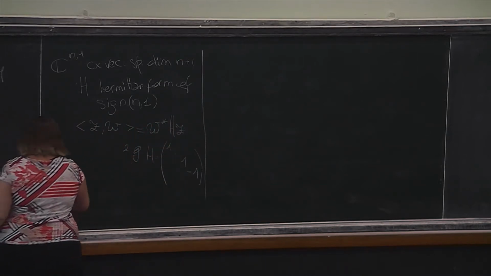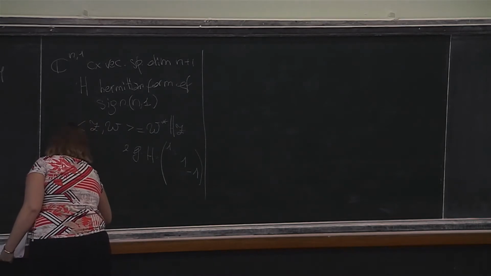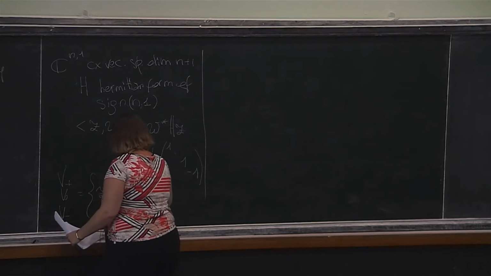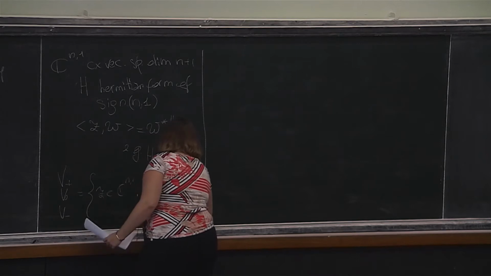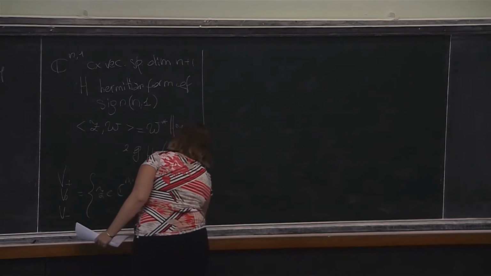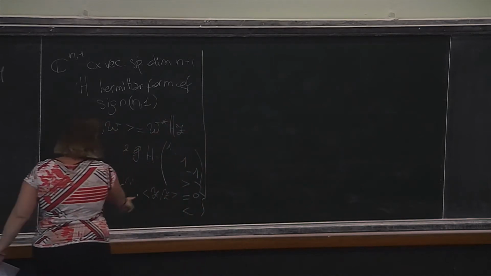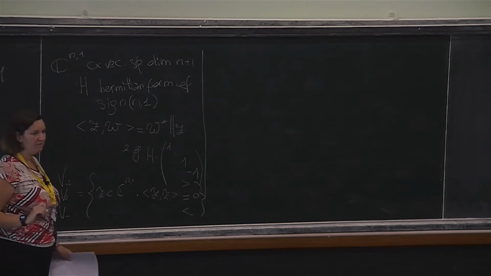And then we divide the space into what we call V plus, V0, and V minus, that are the Z in C^{n,1} such that the product of Z and Z is positive, 0, or negative. Positive if we are in V plus, 0 if we are in V0, and negative if we are in V minus.